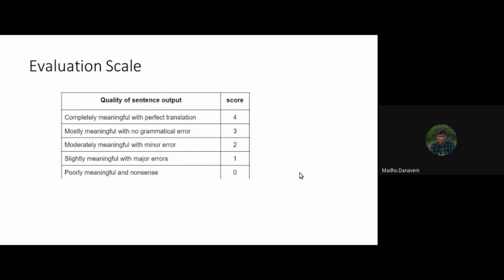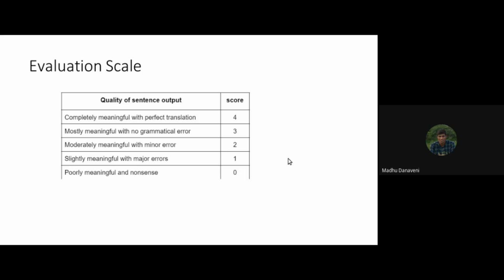This is the scale we came up with, more or less the same as other scales, with the quality of the sentence in the first column and the score in the second column. If a sentence is perfectly translated, completely meaningful with perfect punctuation, without any mistakes or errors, it is given 4.